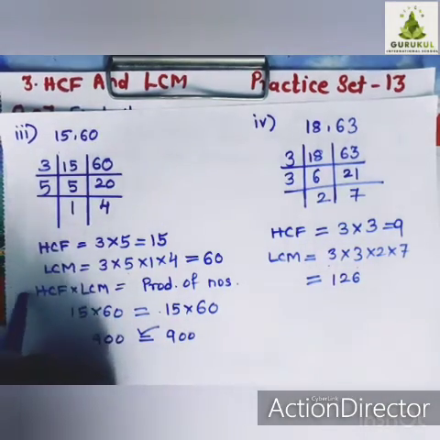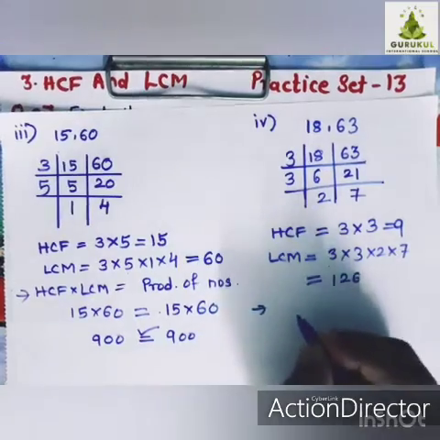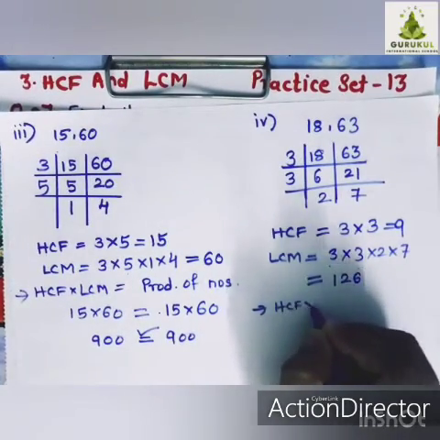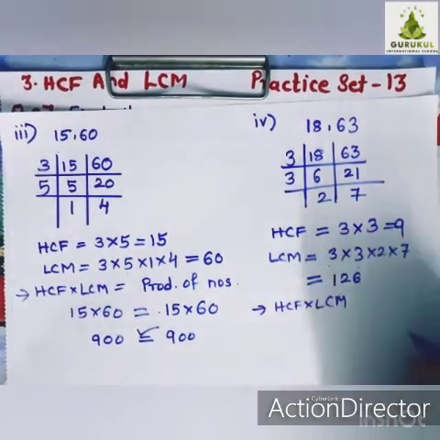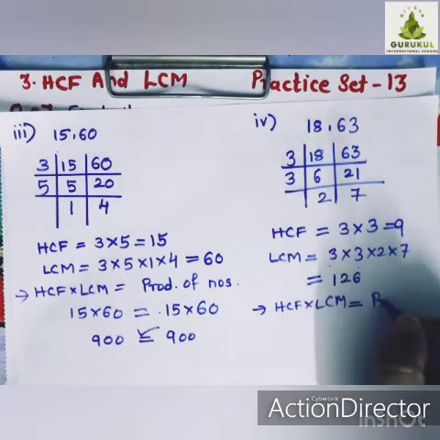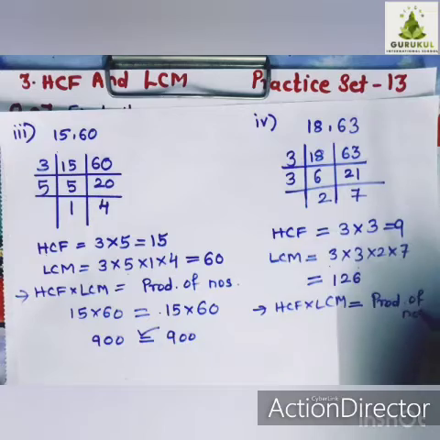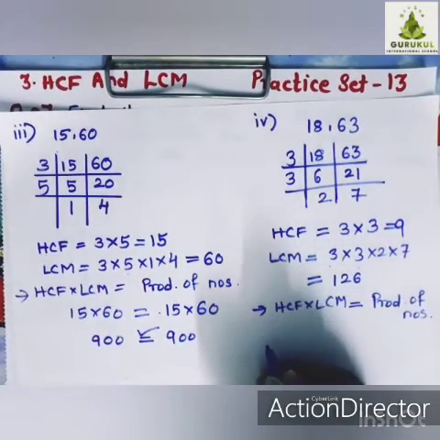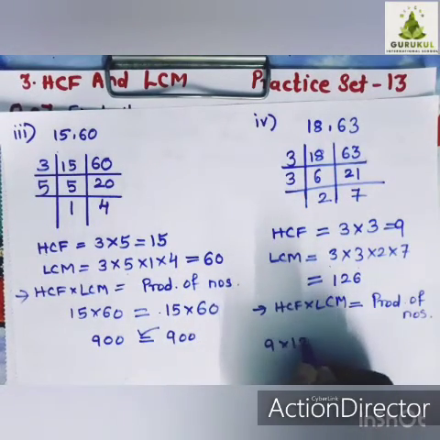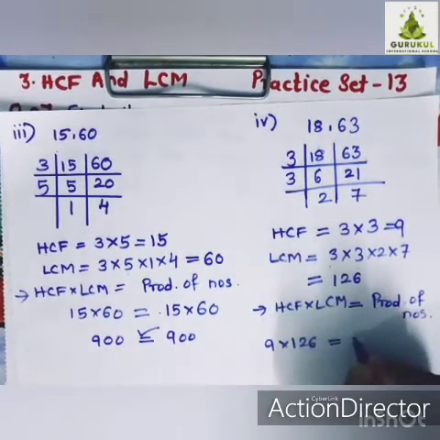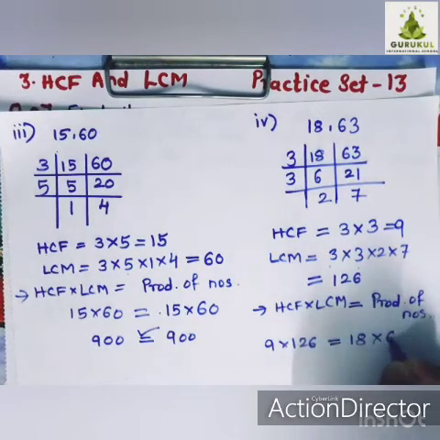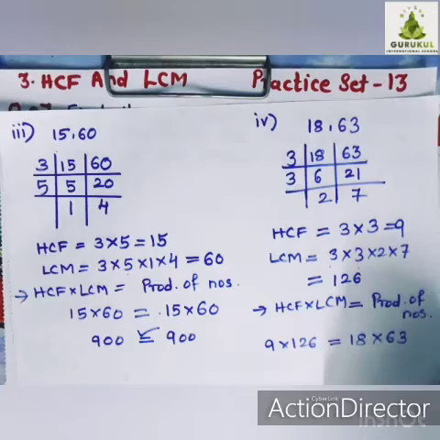Now the next step is what? To check the property. This we have to follow. So we'll write down HCF into LCM is equal to the product of the numbers. So I will write HCF is 9, LCM is 126, and the numbers which are 18 into 63.